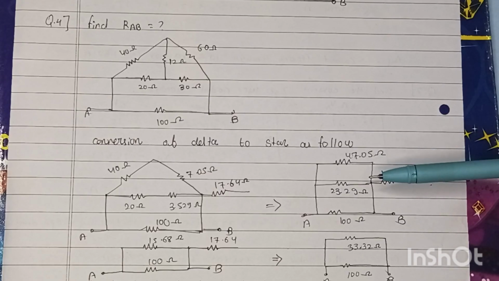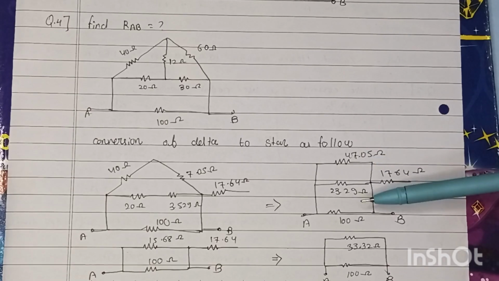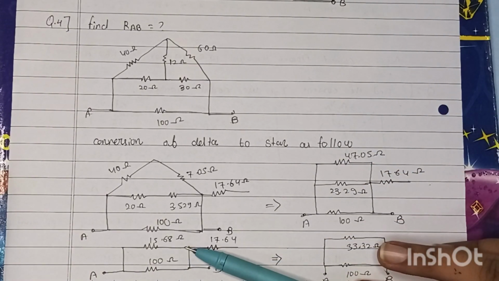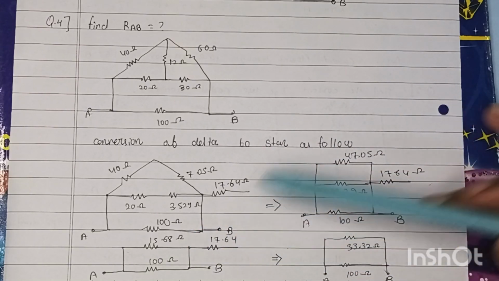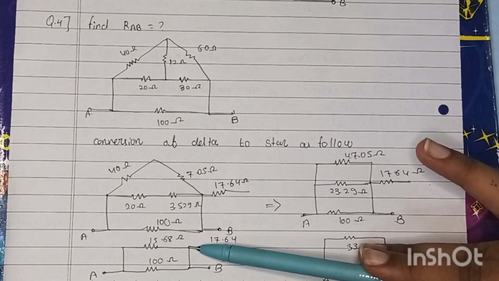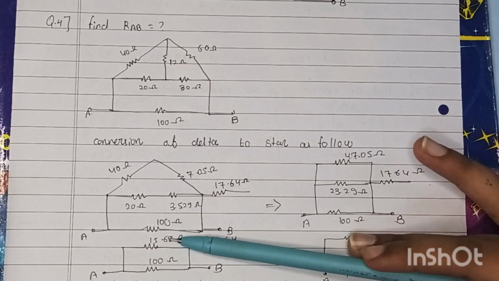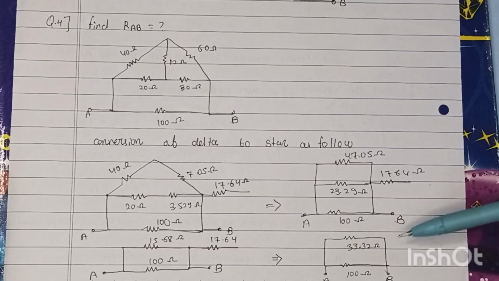So first of all, these two are parallel, so I calculate the parallel resistance between them. This is nothing but 15.68 ohm, and now these two are parallel. I have told you, these two are parallel because there is a third resistor, don't consider it is in series. So 15.68, 17.64, it is nothing but 33.32.